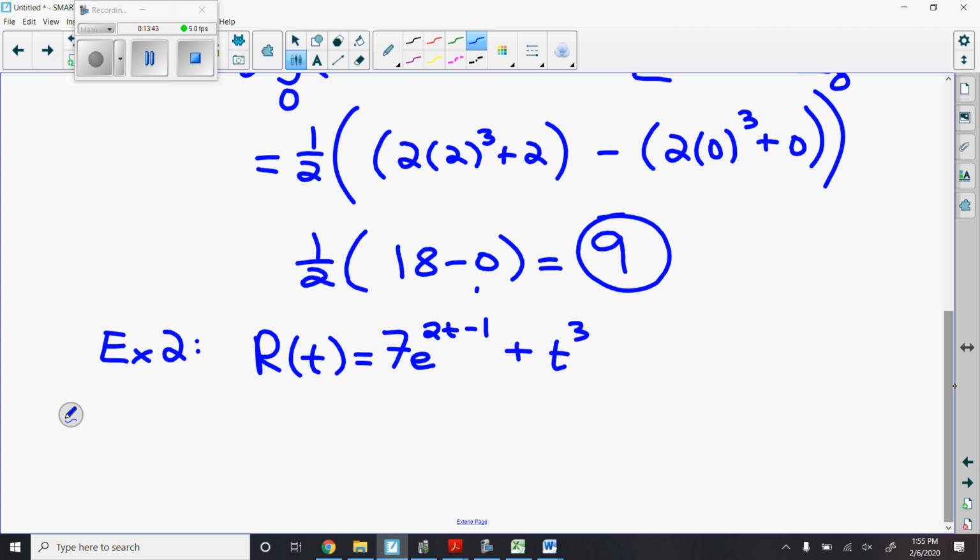And let's say r of t, that function, is the fuel efficiency. Let's do something different. Okay, but what I want to do is find the average R. Okay, how about this? It's rate of fuel consumption.